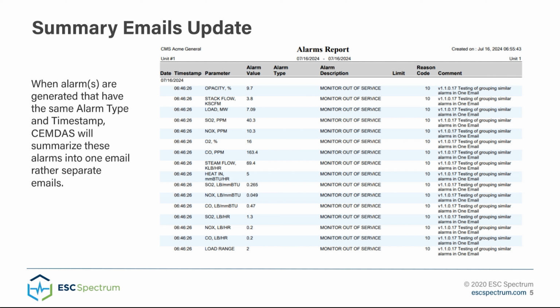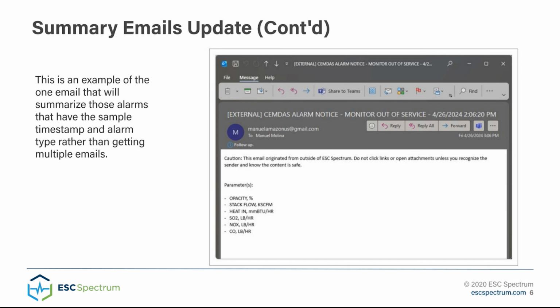If the customer has the capability of sending out emails, in previous versions, if there is a listing of 15 alarms, you will get 15 emails. What this new feature will do is summarize all 15 of those alarms into one email rather than getting 15 emails. Next slide, please.